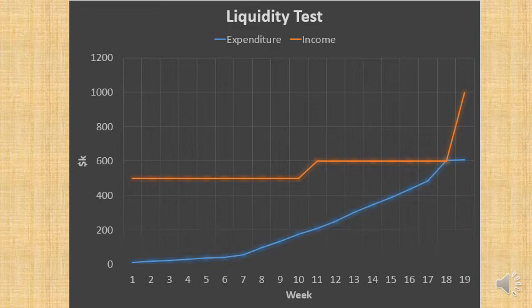That means at week 18 you are basically going to empty out your bank accounts more or less, because you're going to basically pay all of your workers and all of the expenses for that week, and you're going to empty out all of your capital, but you can pay it.